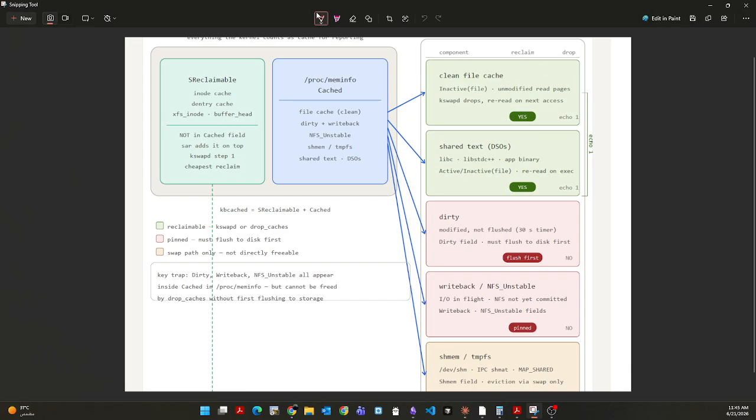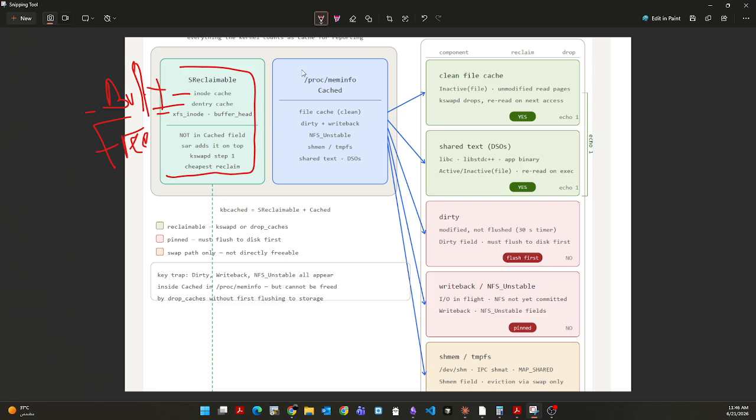So in the free, in the buff/cache column, we have the buffer plus the slab reclaimable, which has the inode cache, the dentry, the XFS inode.